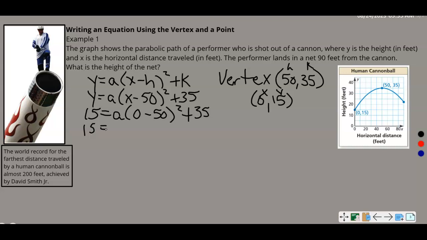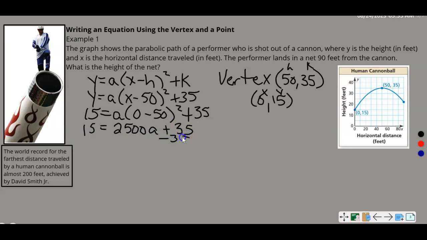So we're going to have 15 equals, and then 0 minus 50 is just negative 50, and negative 50 squared is 2,500. Let me double check that. Yes, that is 2,500. So we're going to have 2,500 times a. All I did was use the commutative property to switch the number with the variable, and then plus 35.